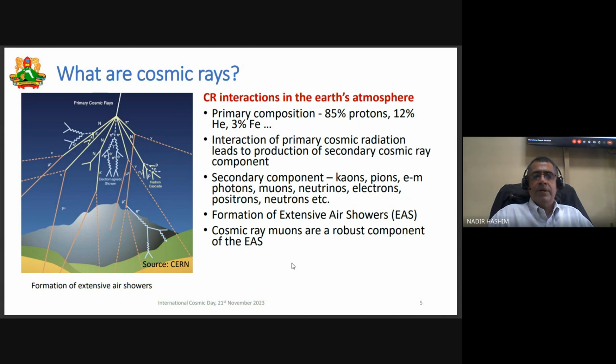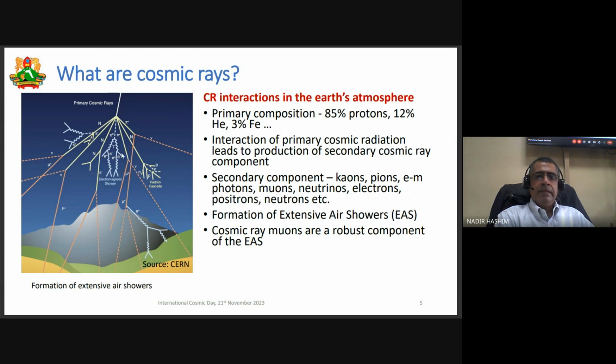This comprises kaons, pions, electromagnetic photons, muons, neutrinos, electrons, positrons, neutrons, and so on. What you see on the left side is an artistic impression of the interaction of primary cosmic rays in the Earth's atmosphere to produce all these particles, which we call an extensive air shower.